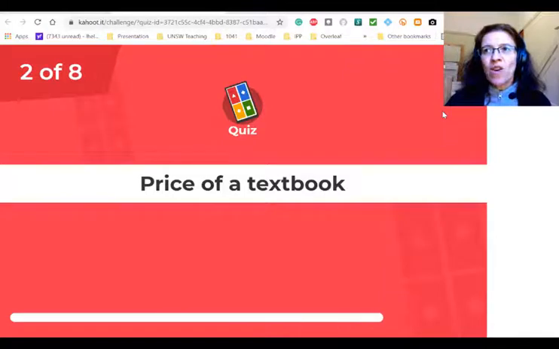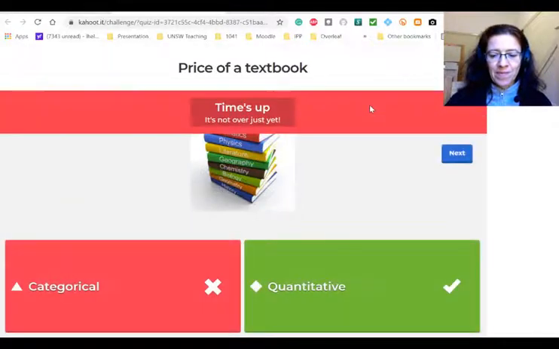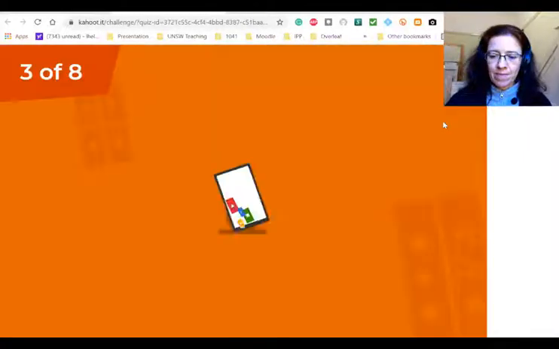The price of a textbook. So the price of a textbook not only is represented by a number, but this number makes sense when you want to use it for operations, like, for example, calculating the average.